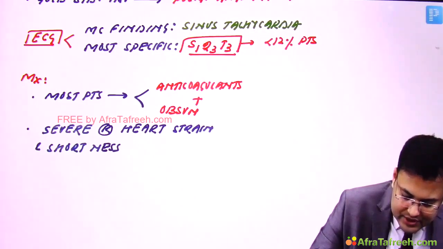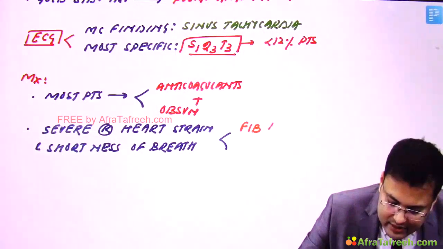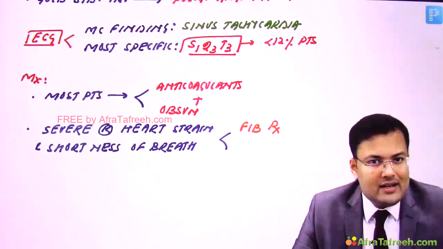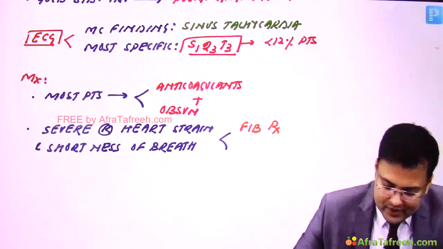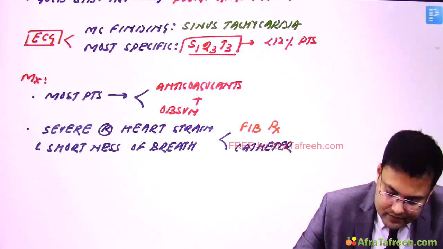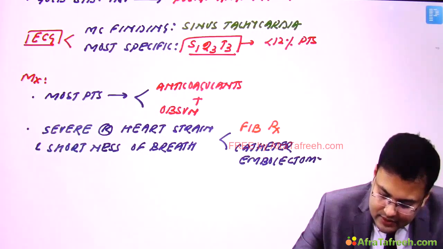In these patients we have to start fibrinolytic treatment and radiologically guided catheter embolectomy. The catheter embolectomy is done with the help of radiological investigation, clear?